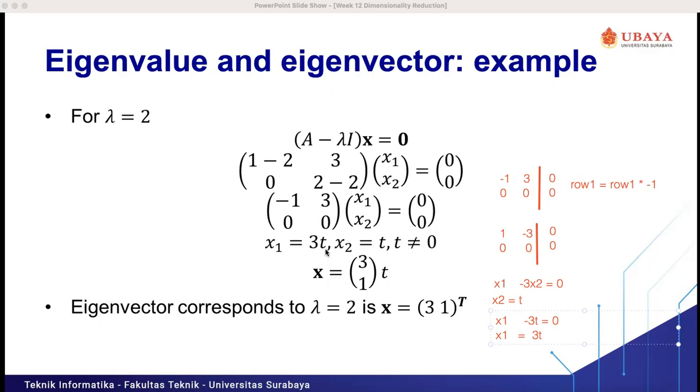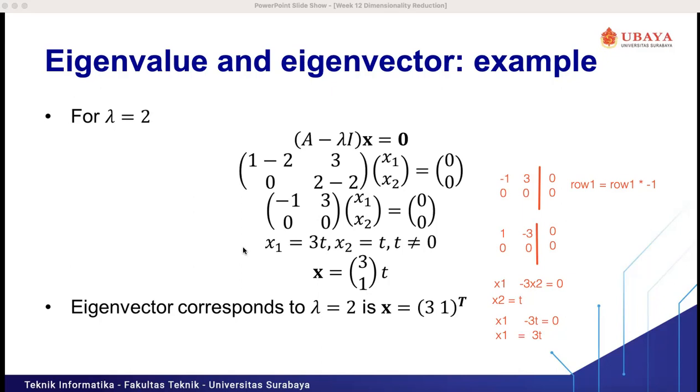We can just say that if x2 equal t, then x1 will be 3t. This is not a good example because we don't have any solution from this matrix.